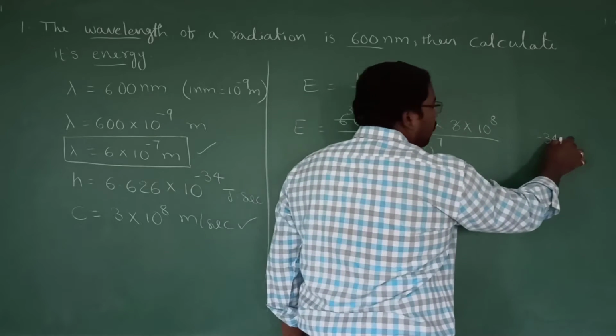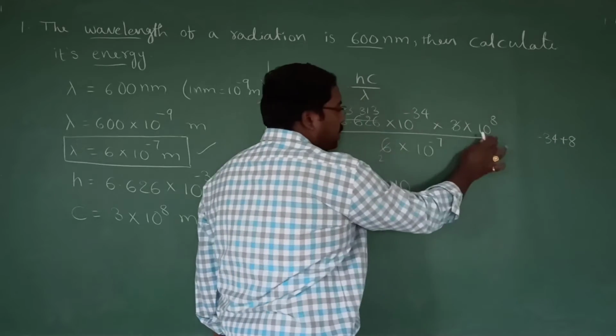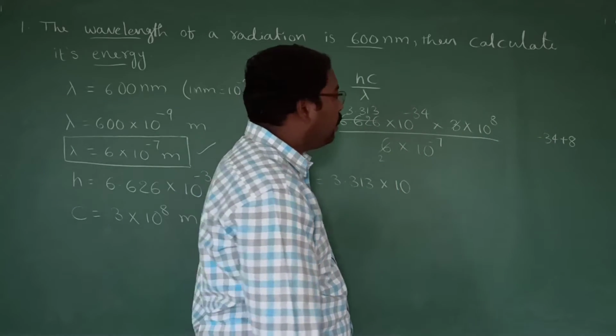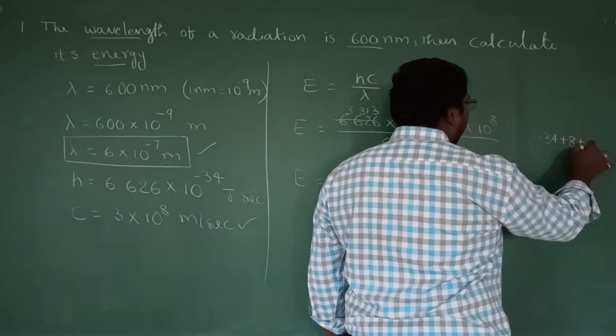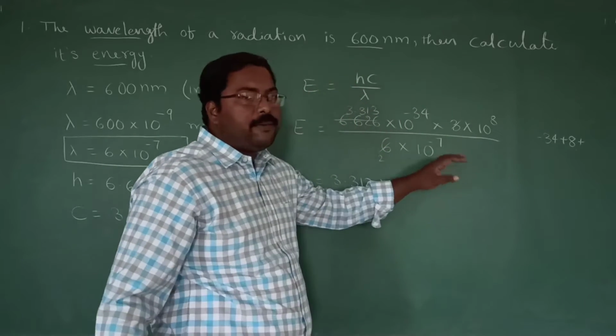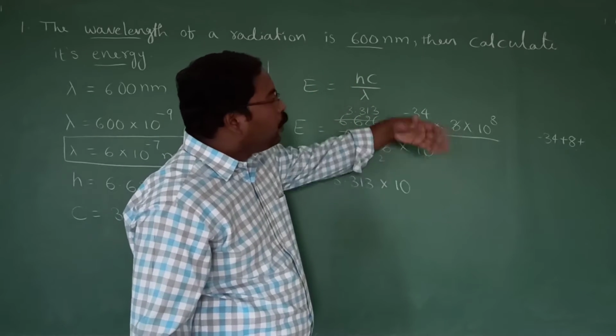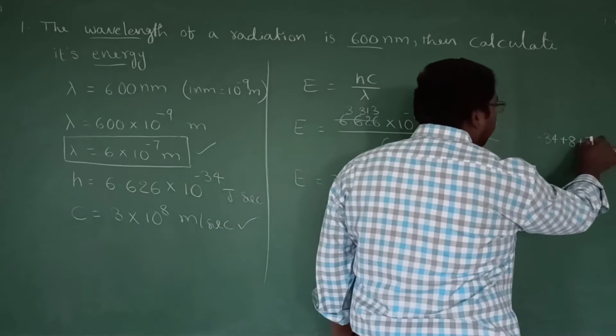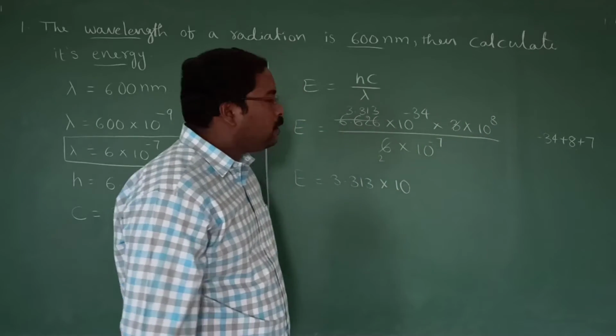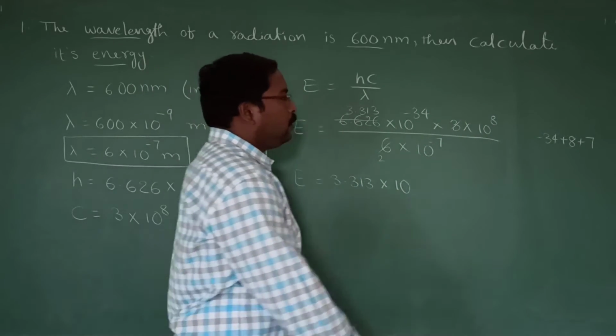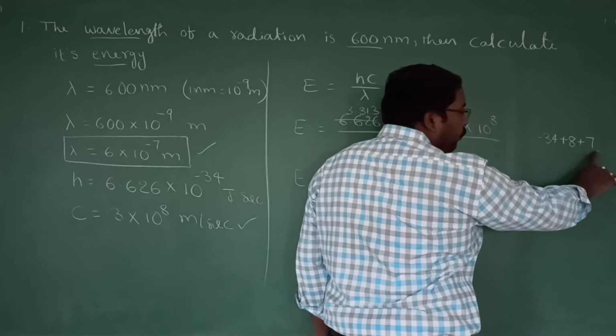Because the bases are the same, the powers I am going to add. Now, when 10^-7 comes to the numerator, it will be 10^+7. So how much will you get there? 8 plus 7 is 15.